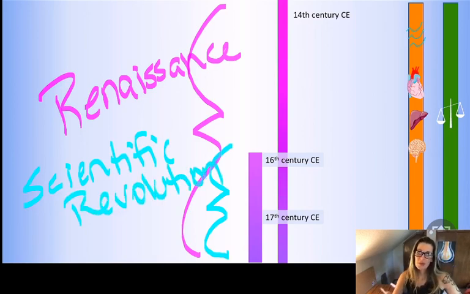The scientific revolution is when science started to become what we know as science during the 16th and 17th centuries.